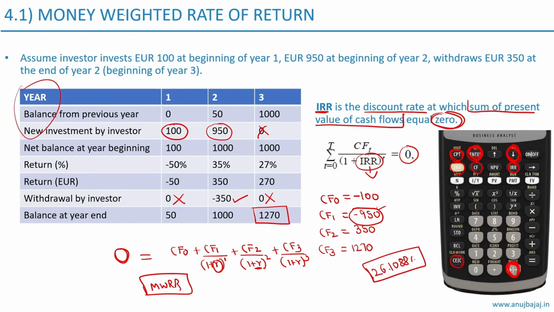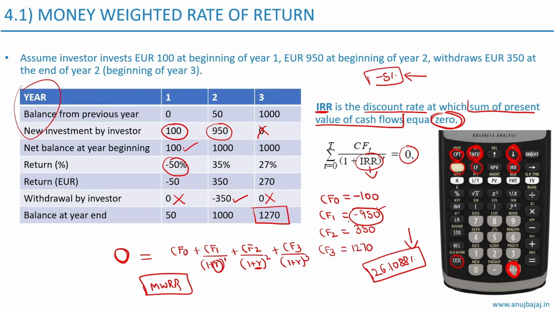So this is the actual return that the investor has earned on his investment, considering the cash inflows and the cash outflows. If you remember, the geometric mean that we got on the same calculation was negative 5%. You see there is a huge difference between the geometric mean and the money weighted return. This is because when the portfolio had earned a negative 50% return, the investor had only 100 euros invested in the portfolio.